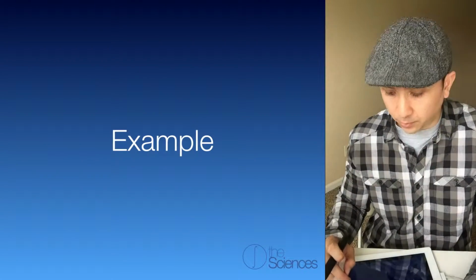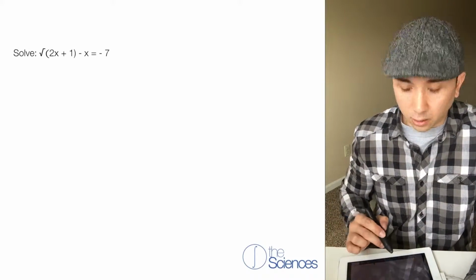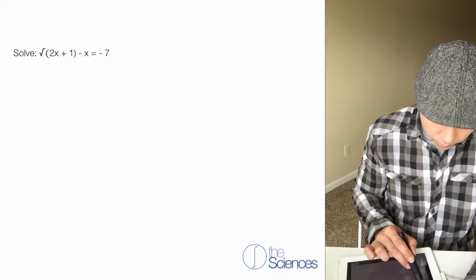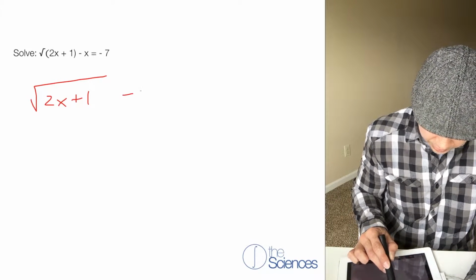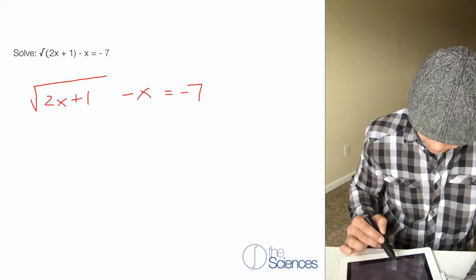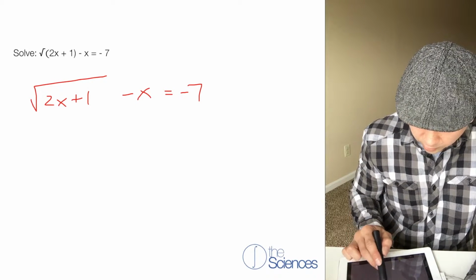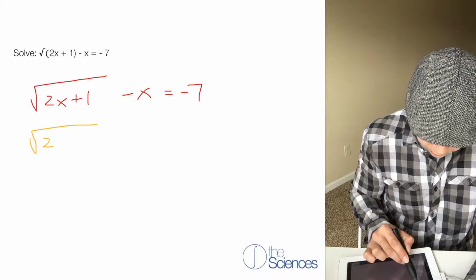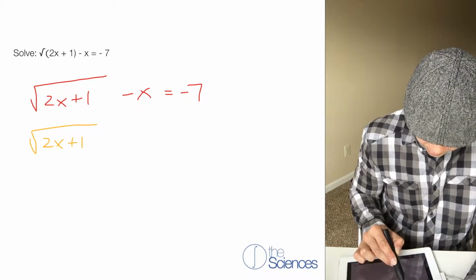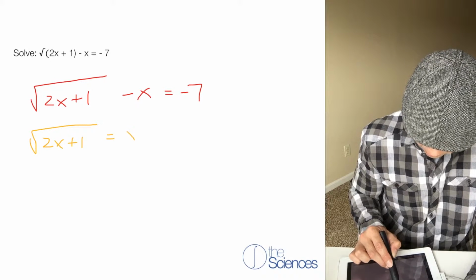So let's do an example. Let's solve the square root of 2x plus 1 minus x equals -7. So the first thing we're going to do is isolate the radical by moving the variable to the other side. So we get the square root of 2x plus 1 equals x minus 7.